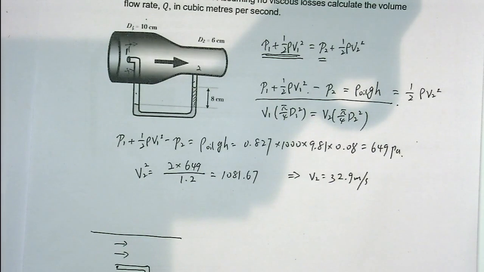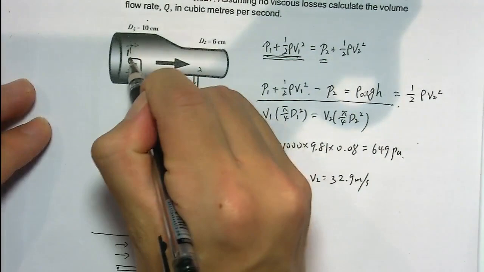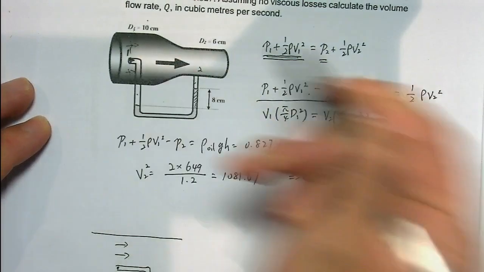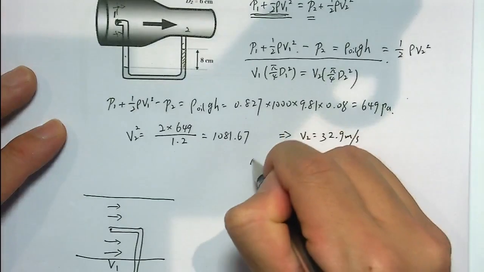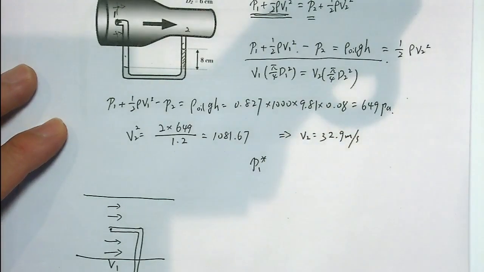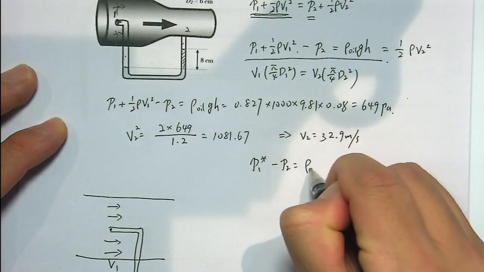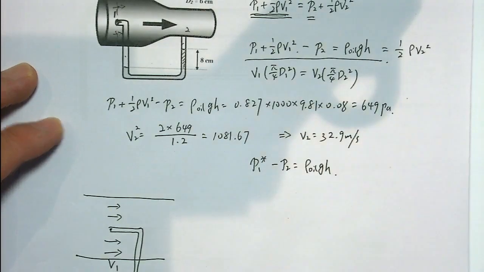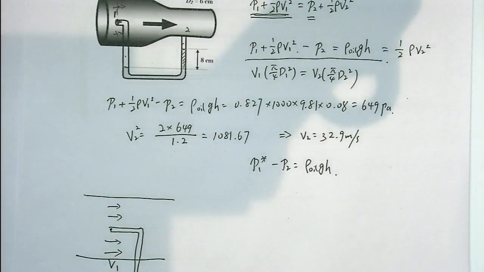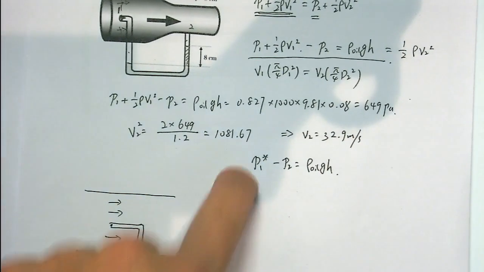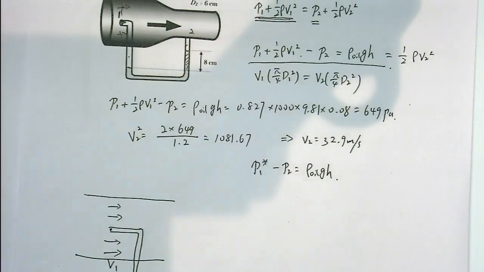Because I think it ends up being the same. Yeah, you can. You can just say that that one is stagnation pressure P1. So you can use the P1 star, that is stagnation pressure, minus P2. We got rho oil gh. Yeah, exactly. You can use that. That one is equal to P1 plus half rho V1 squared.